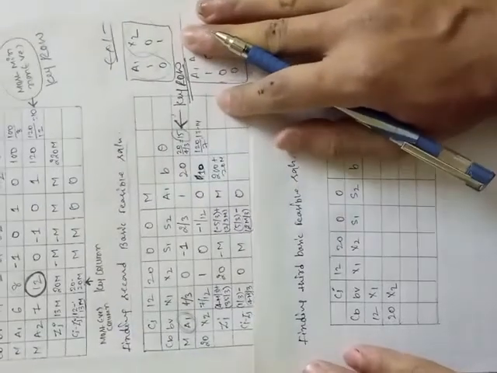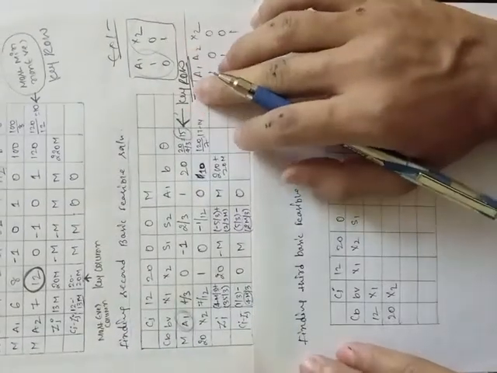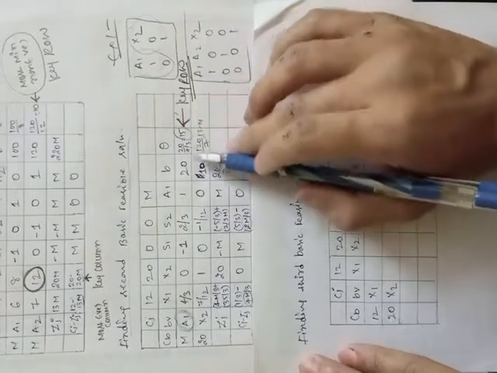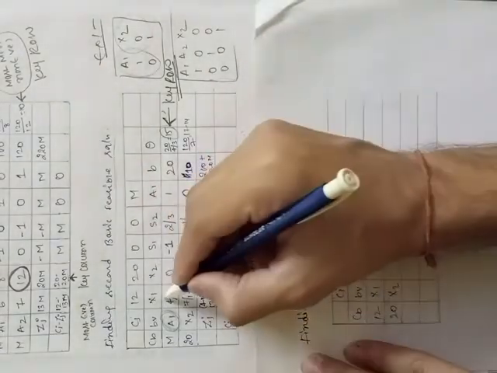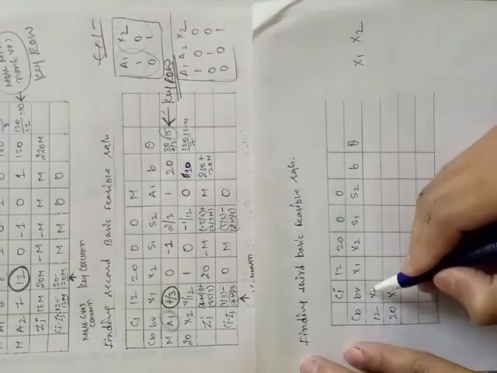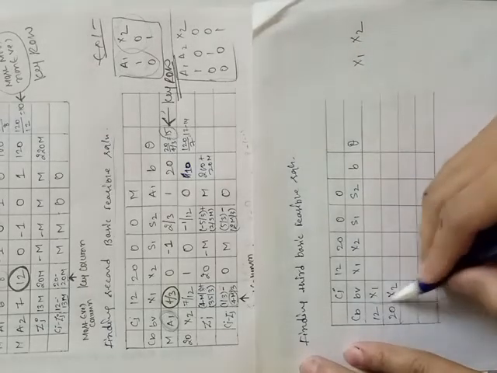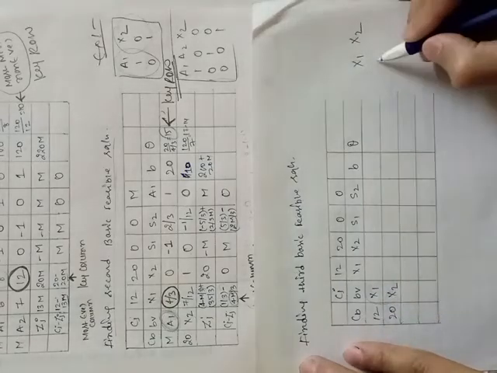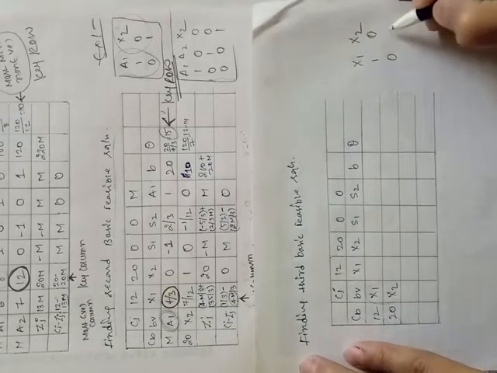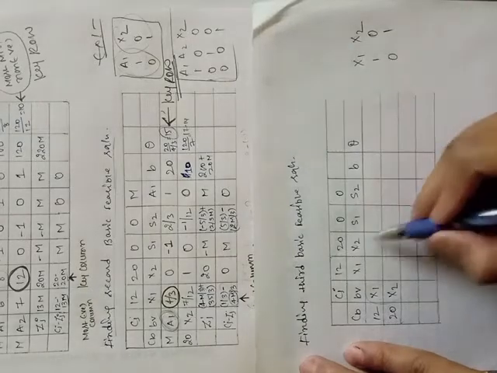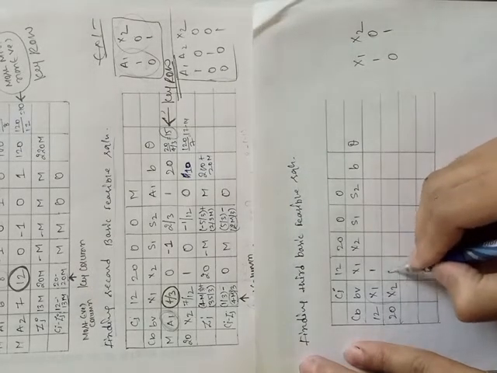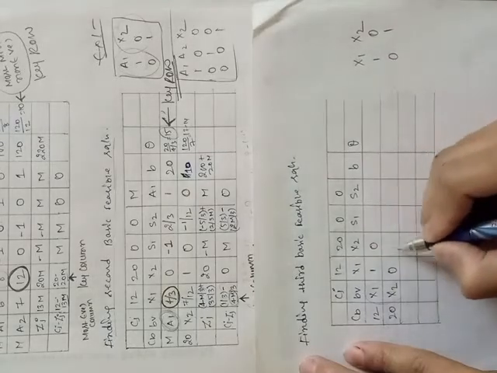Now in the previous table, that is in the second table, the key row value will be divided by the key element. So the key element in the second table is 4 by 3, and as you say that identity matrix, that is x1 and x2, there are two variables in the basic variable column. So 1, 0, 0, 1. So x1 1, 0, in the x2 column 0, 1.